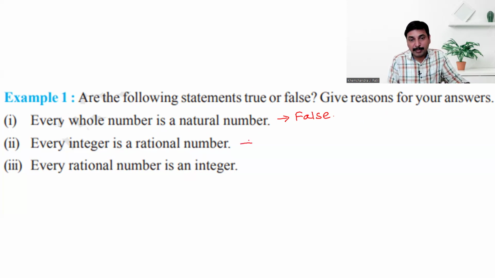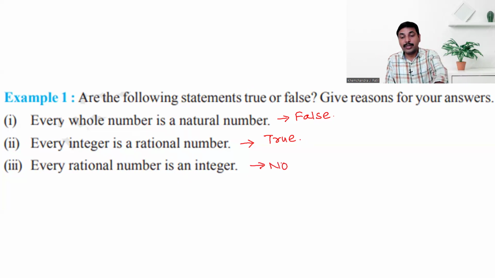Now, what is the next statement? Every integer is a rational number. Just now I showed you that diagram. The circle of integers is completely inscribed in the rational numbers. So this is true. Every integer is a rational number. Every rational number is an integer? No. Look at this diagram.